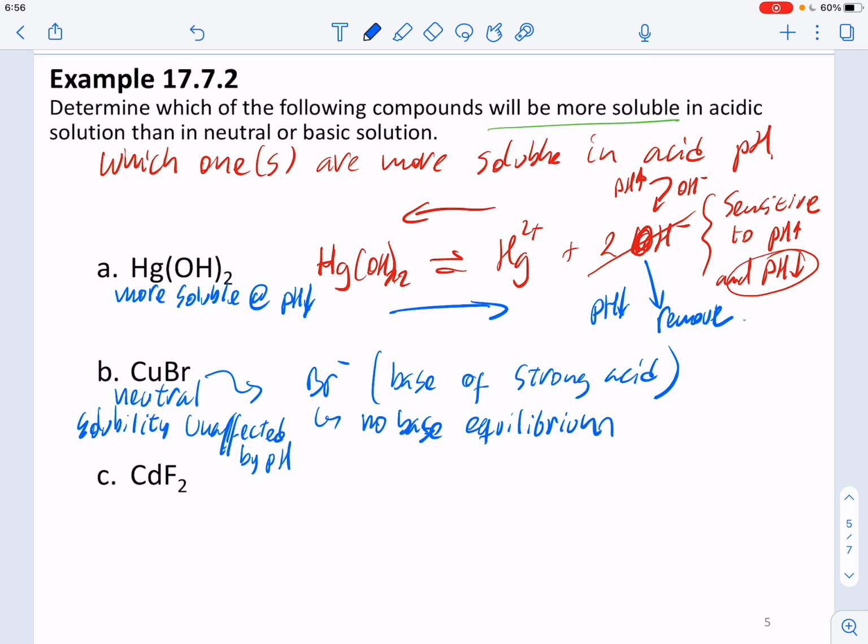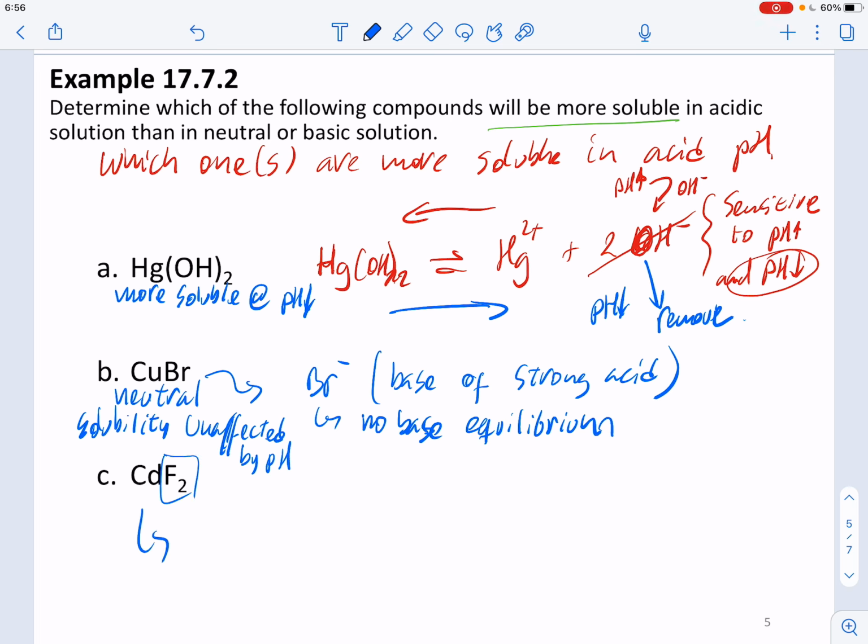So you may have acid pH, you may have basic pH, but the solubility of that salt will remain unchanged. Something else may happen, but in terms of the solubility of that particular salt, it will not be affected by the changing pH.